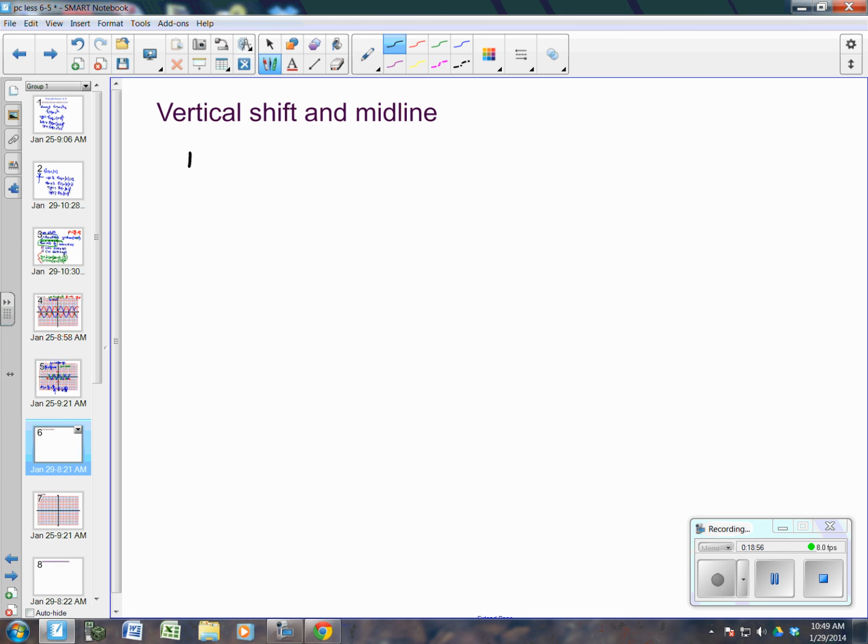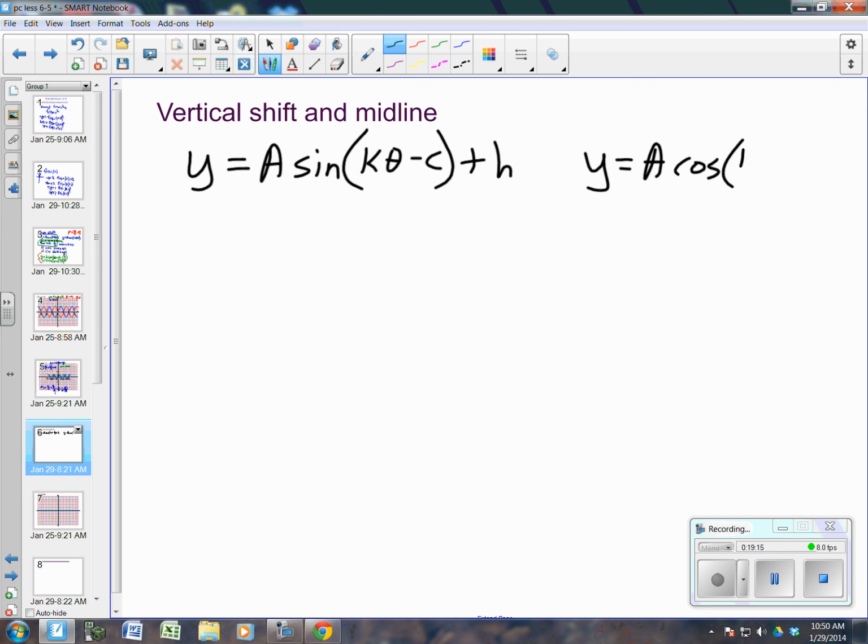If we're given y equals a times the sine of k theta minus c plus h, and y equals a cosine of k theta minus c plus h, what do you think the vertical shift is?